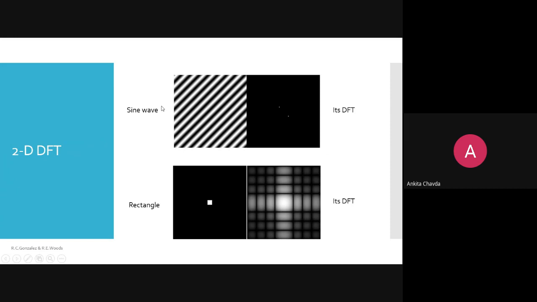Now this is the sine wave and its discrete Fourier transform. This is how it will look, this is your sine wave in the DFT.